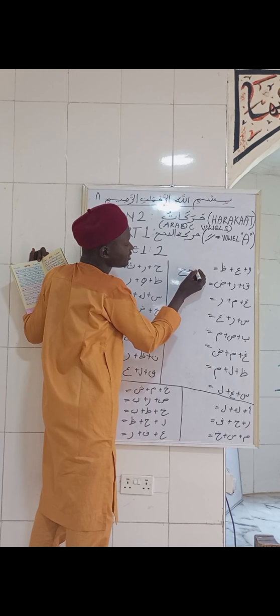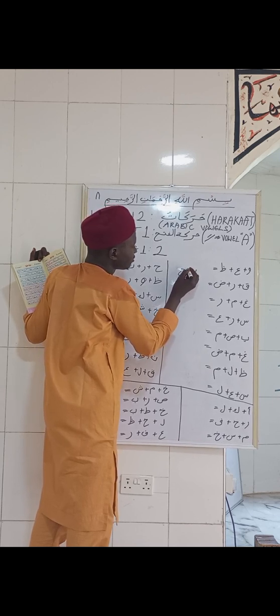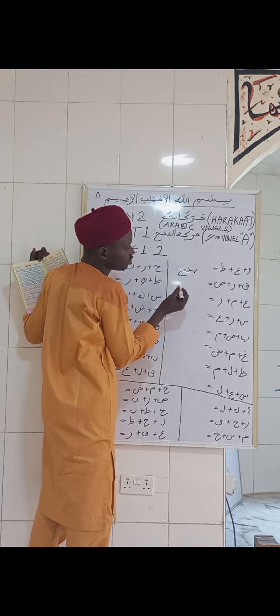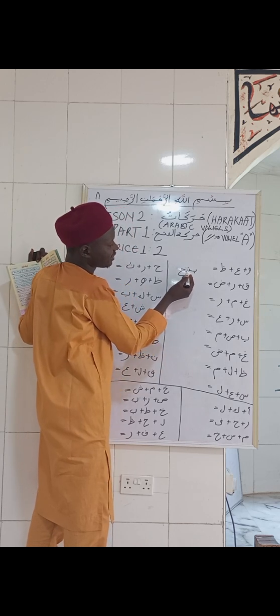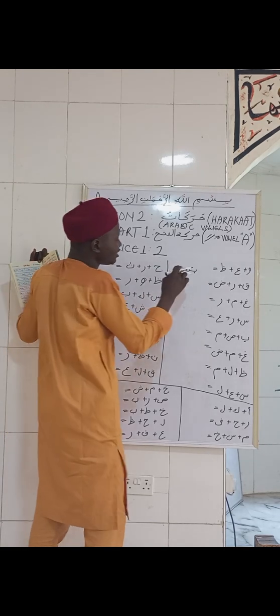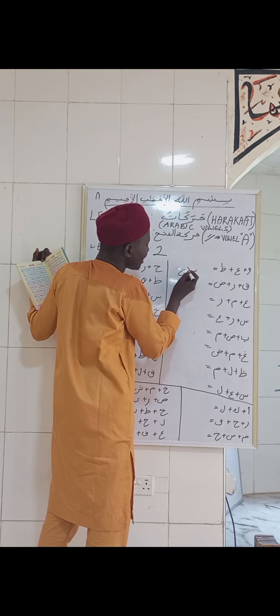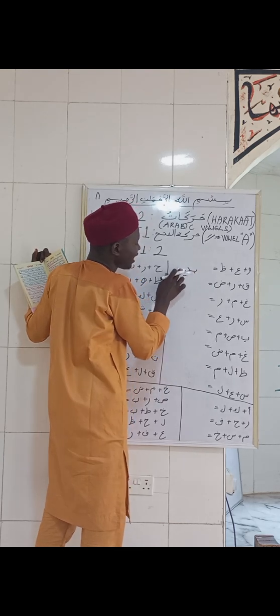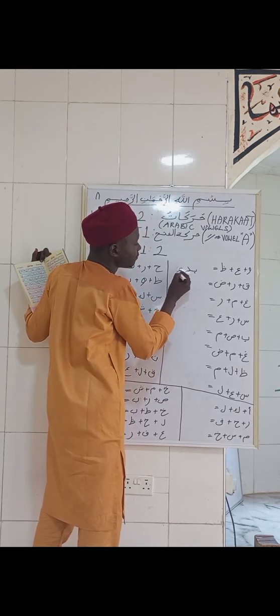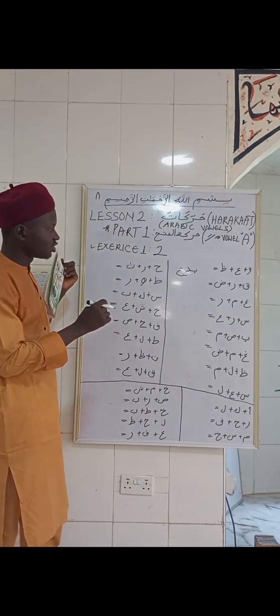So let's say ba, ta, a. Can you see? It's different from when we say ba, da, a. When we say ba, da, a, the ain takes its original form, because it's not joining with anything.